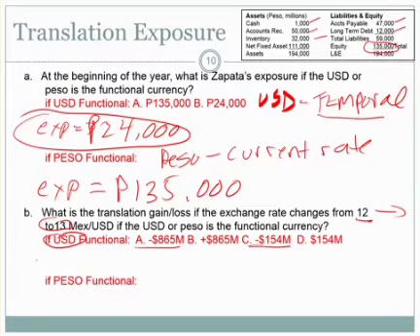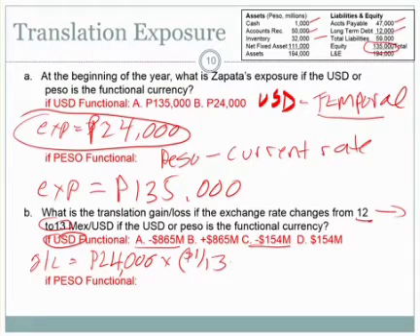If I do the math, my gain or loss is going to be on my long position, 24,000 pesos, times just the change in the exchange rate. Since that's dollar per peso, pesos will cancel out, and that'll give me a dollar loss of $154 million.